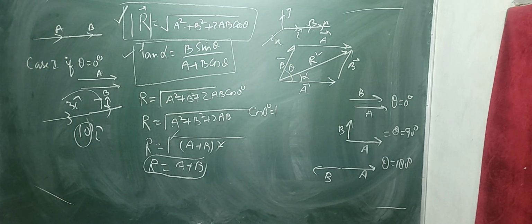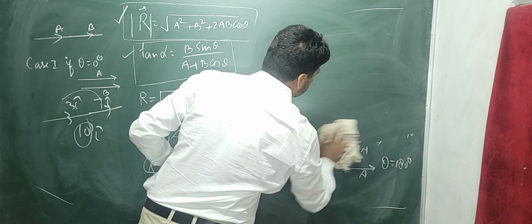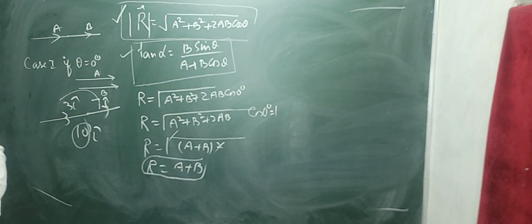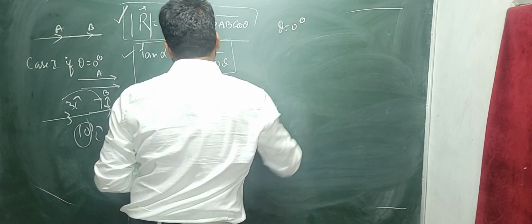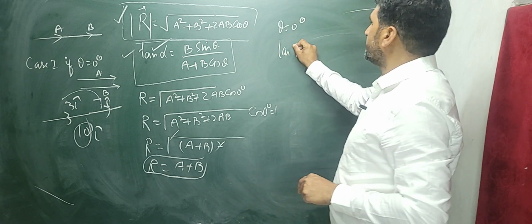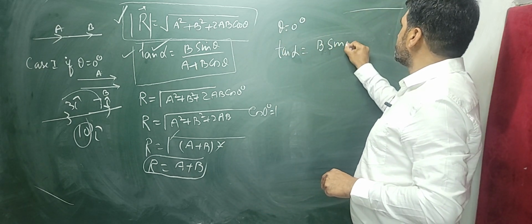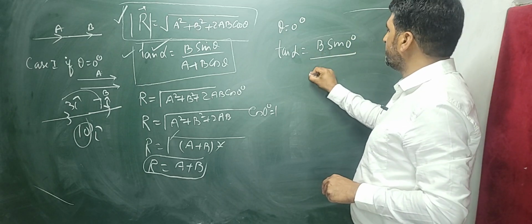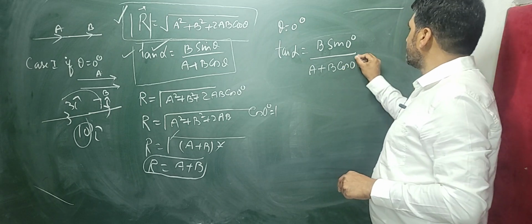Now what about the direction part? How do you get the direction part when theta is 0? So when theta is equal to 0, what will be tan alpha? Tan alpha will be equal to B sine 0 degree divided by A plus B cos 0 degree.